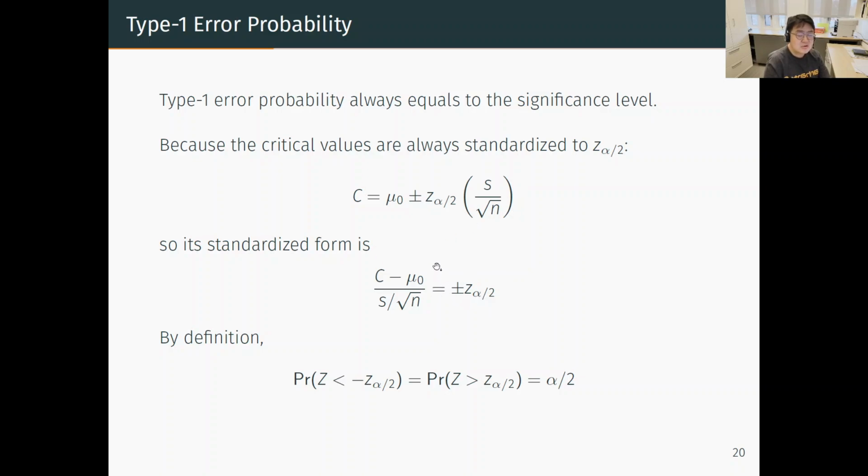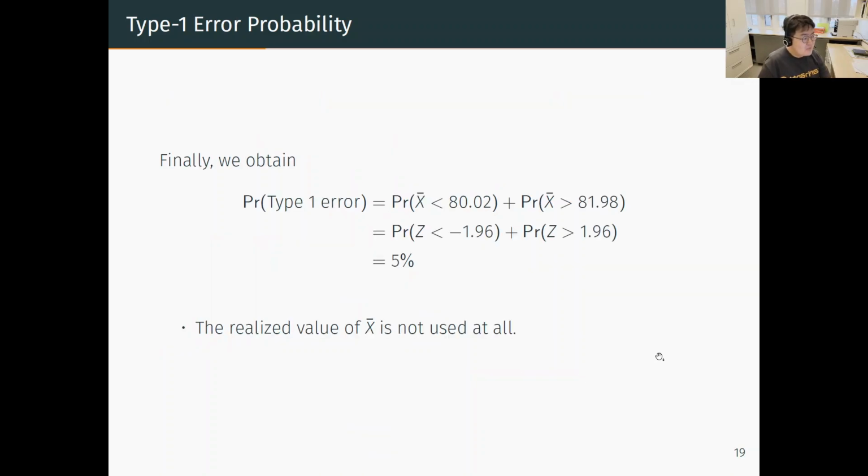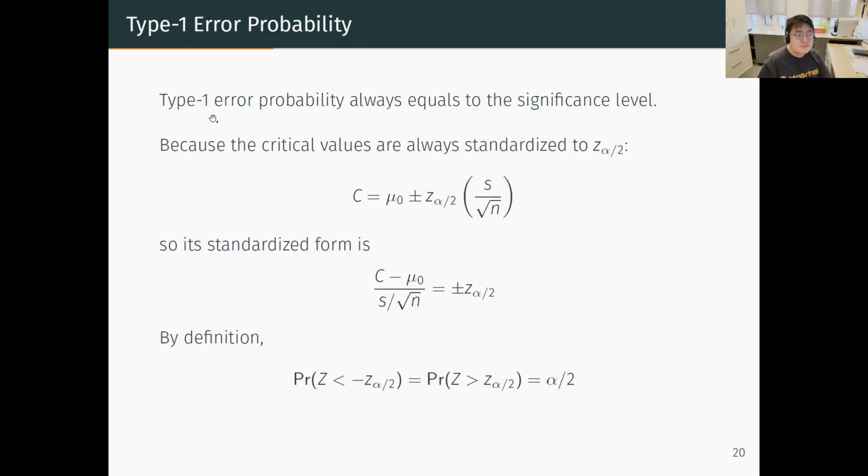So it returns you the z alpha over 2 again. Okay, and z alpha over 2 is the value that gives you alpha over 2 on each side tail probability, right? So by construction, it must be the same z alpha over 2 and the same alpha significance level in the end. So as a result, you did not need to do the algebra at all. Type 1 error probability is always the significance level, always. Okay.